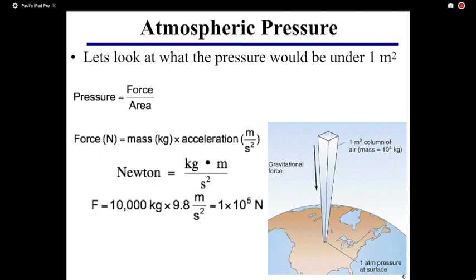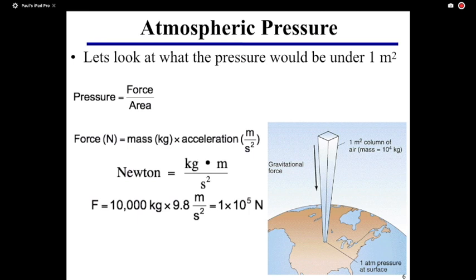So 10,000 kilograms is approximately the amount of air that is in 1 square meter from the Earth's surface to the edge of space. Do you know what a kilogram is in pounds? It's about 2.2-ish.